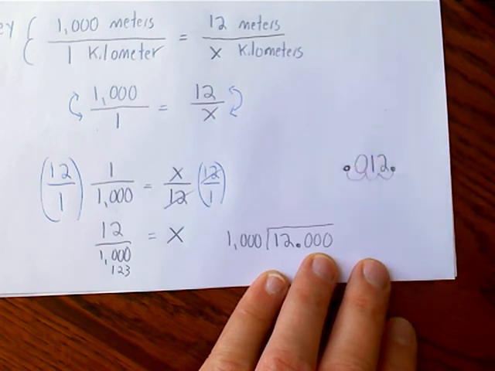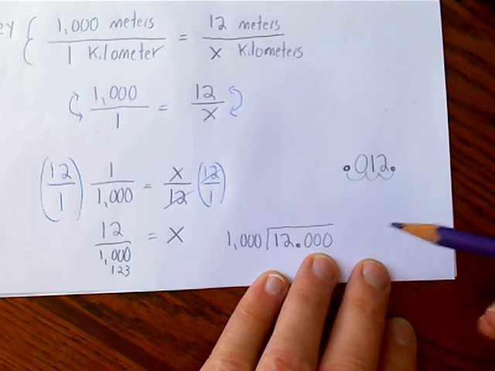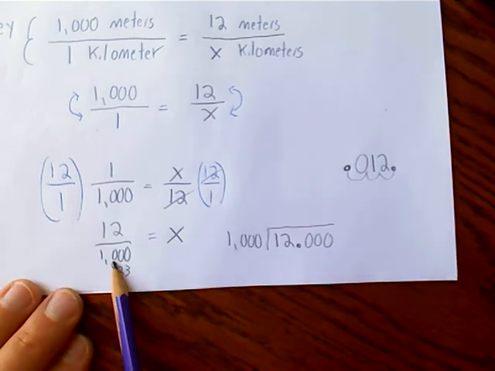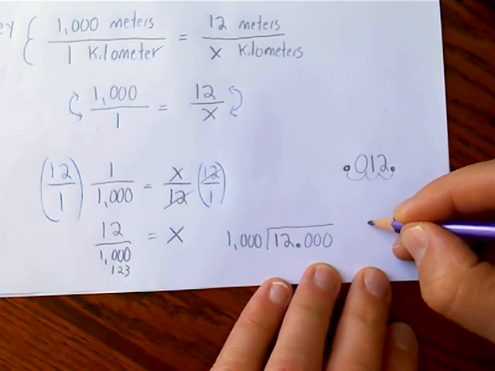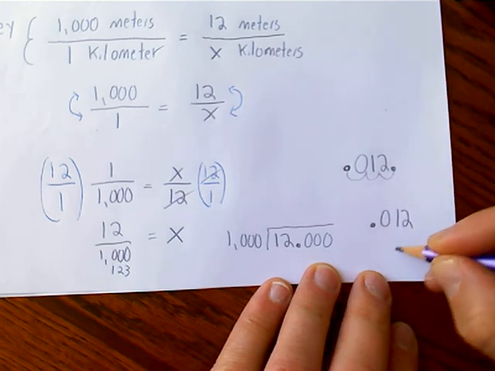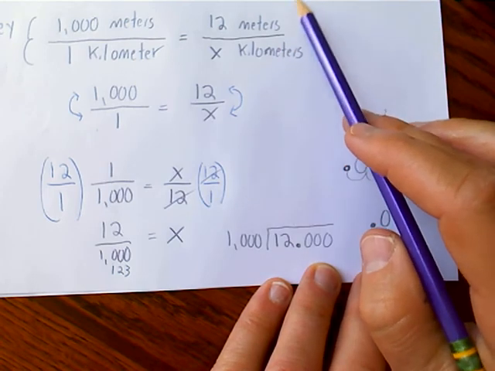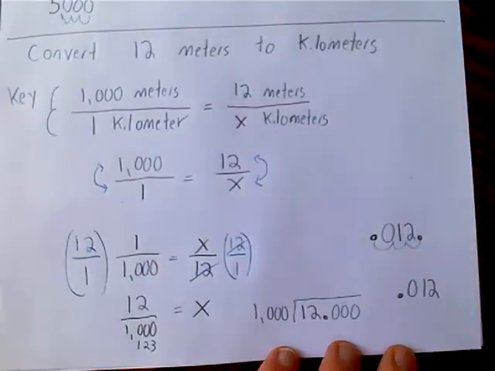And there is my answer. So my decimal place moved over 3 times to the left because I had three zeros over here. So my final answer is 0.012. And what was I looking for? I was looking for kilometers.